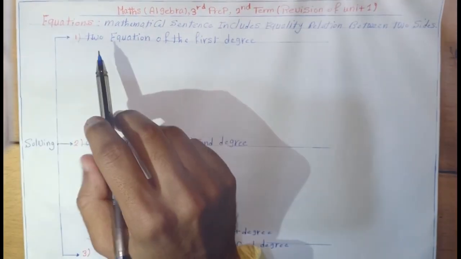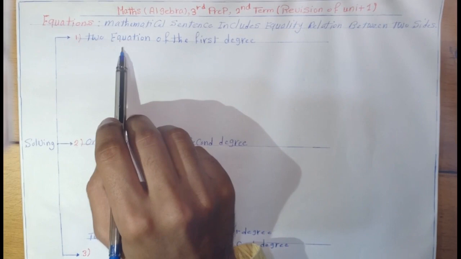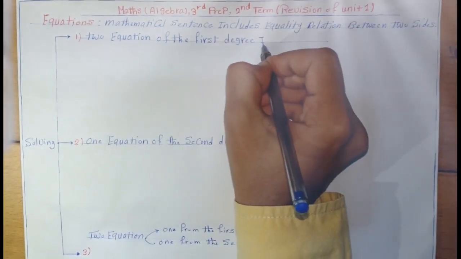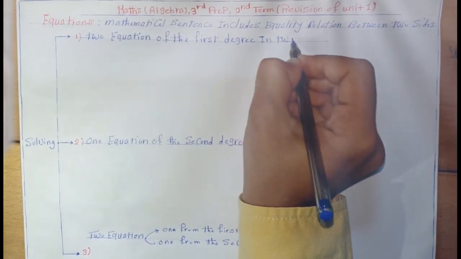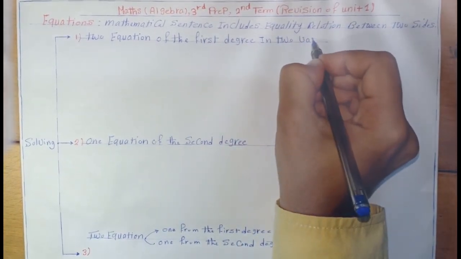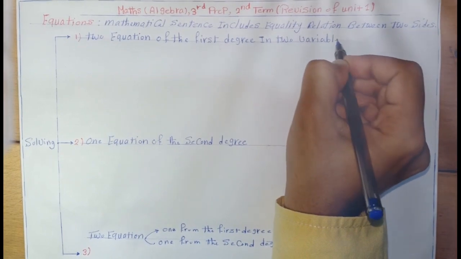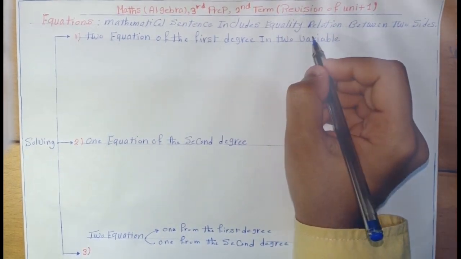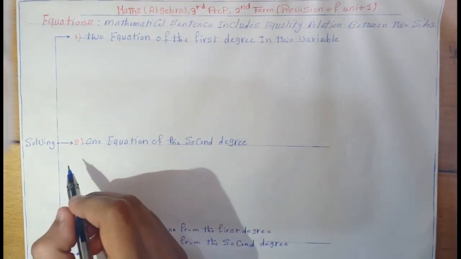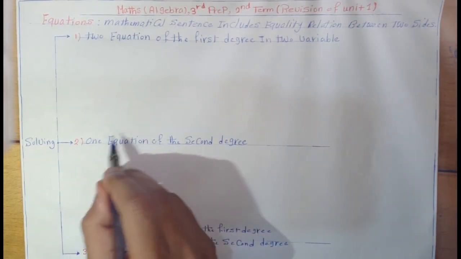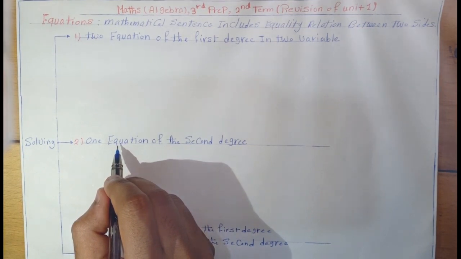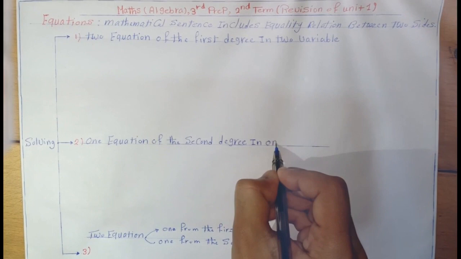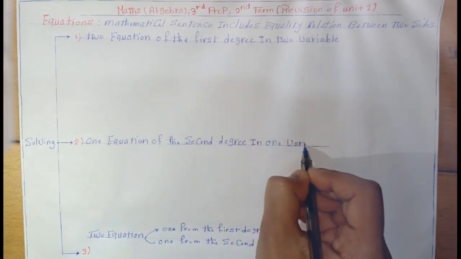In the first lesson, since we have two equations, then we have two variables. Two variables means we have two unknowns. And in the second lesson, since we have one equation, then we have only one variable.